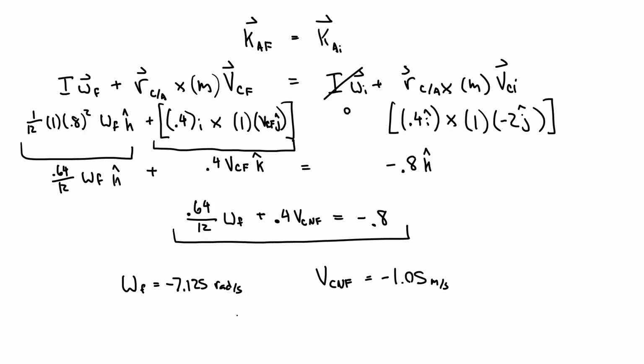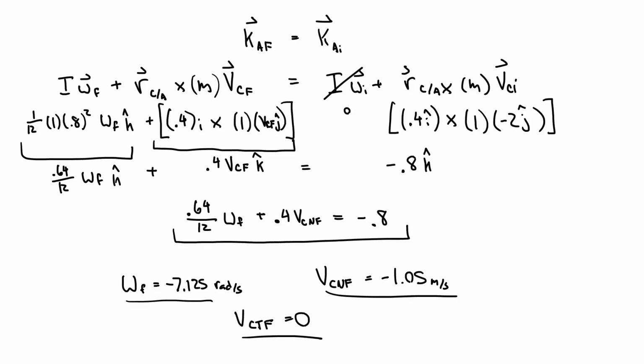And then again, VCTF was 0. So these are my velocities. I've got my two normal and tangential directions of the velocities after the impact and the angular velocity.